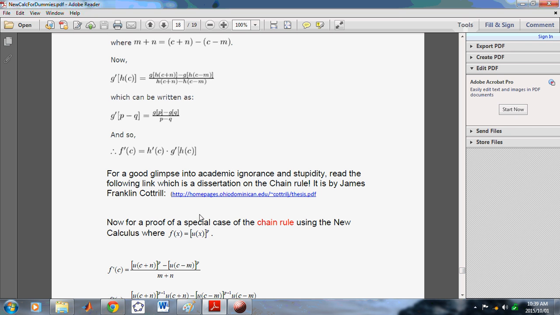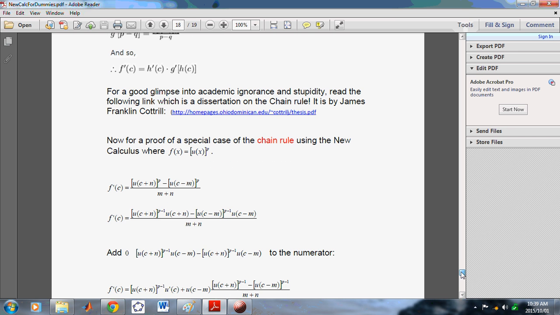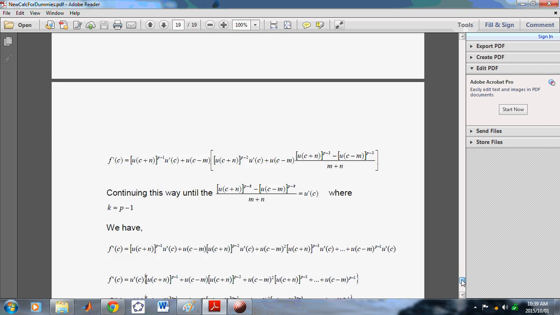Just a little comment here. Franklin Cottrell, some guy wrote a dissertation on the chain rule, and I think it's over 200 pages long. That's kind of funny, but just goes to show you how ignorant mainstream academics are. And here I give a special case of the chain rule using the new calculus.